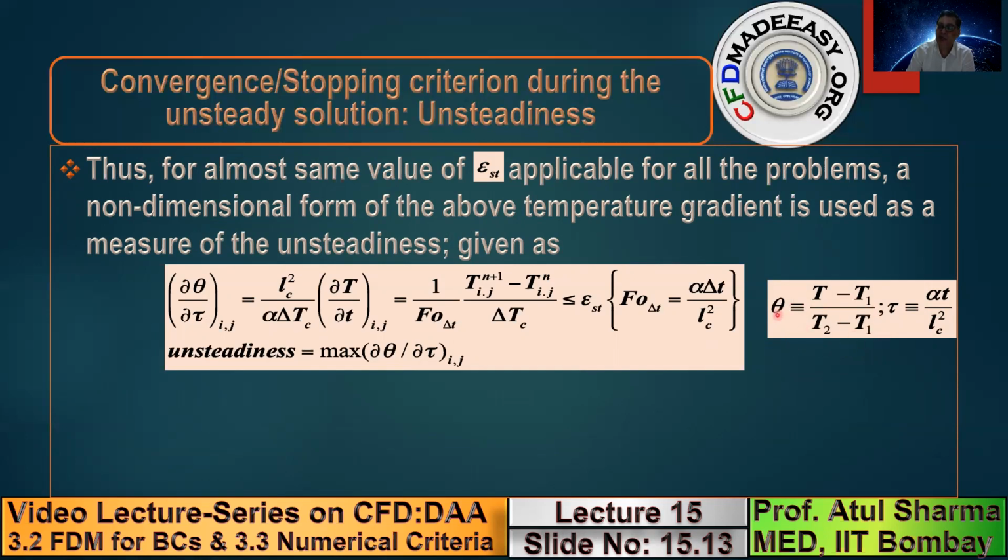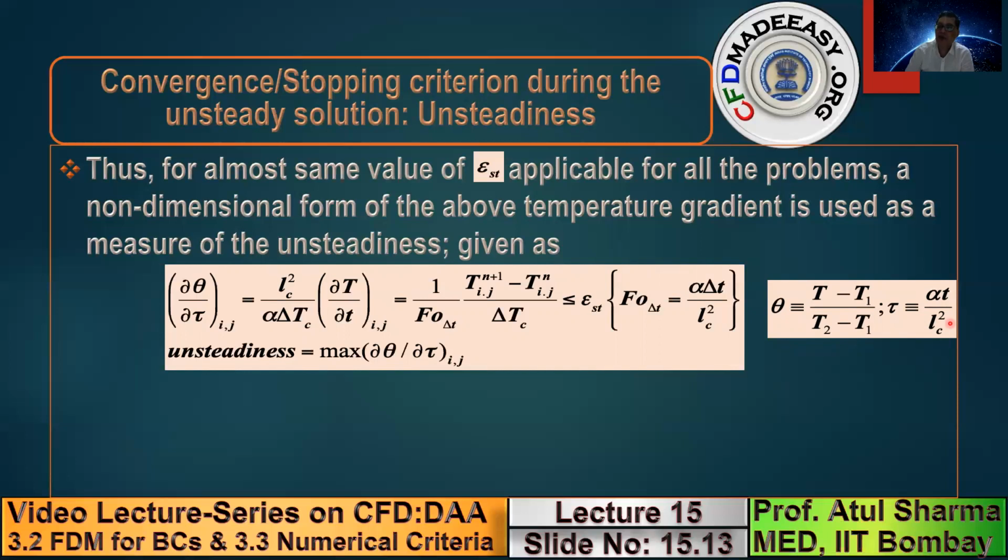So if you use this theta, where you define non-dimensional temperature as this, and you define your non-dimensional time using the thermal diffusivity, note that the unit of thermal diffusivity is meter square per second. So you non-dimensionalize by the characteristic length. In any problem that you solve, there are certain geometrical dimensions.